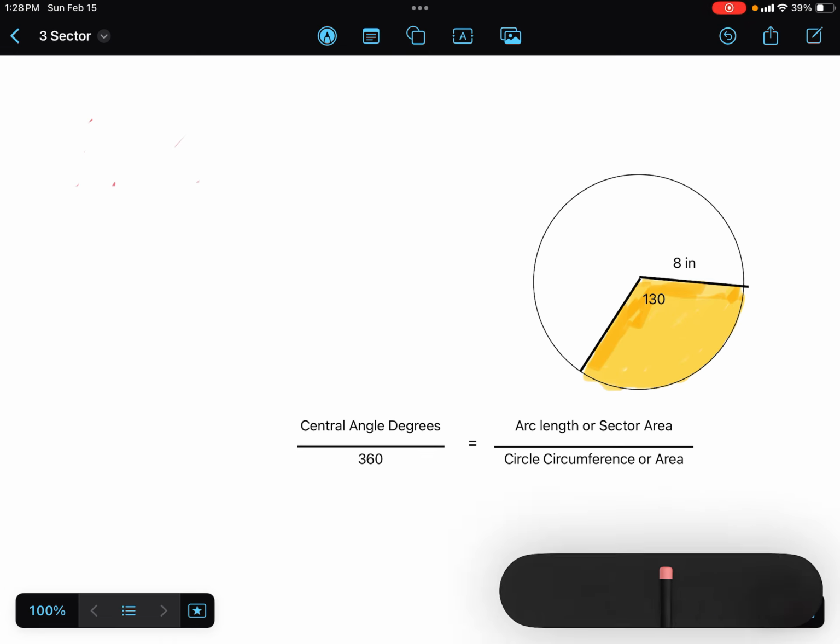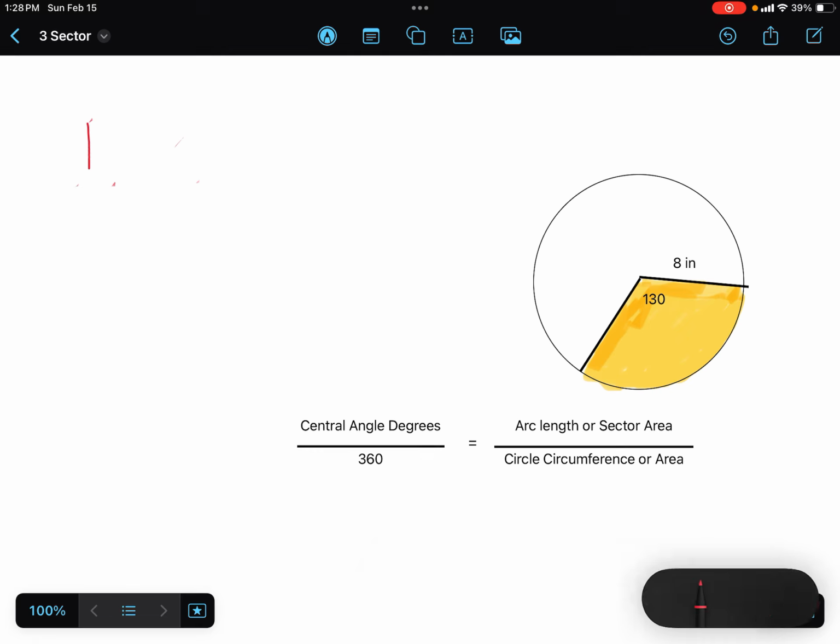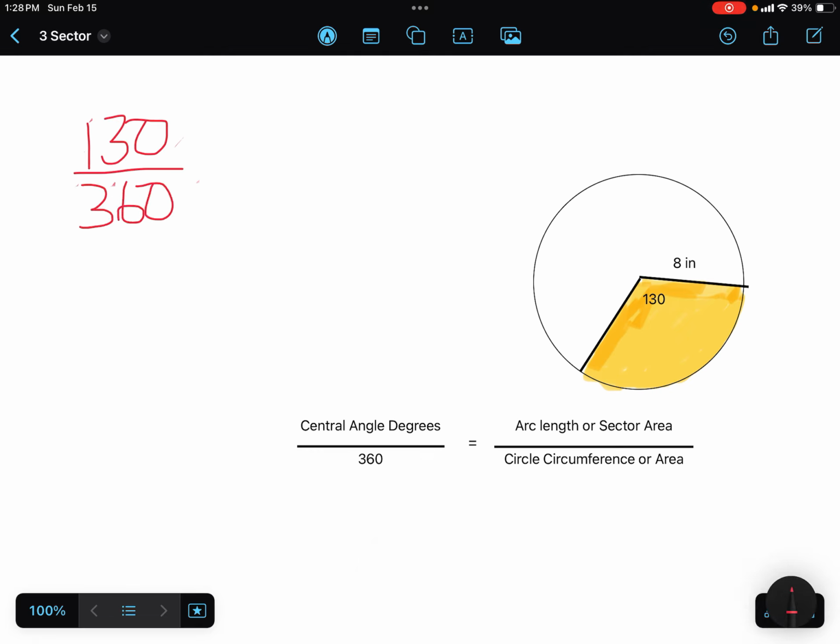Now we're back in business. So that will be 130 over the full 360 equals the area of the sector we're trying to find, which is x, and the full area this time, which is going to be pi times radius squared. So that's 64 pi.